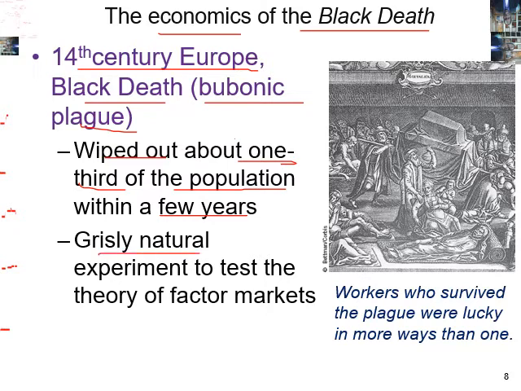A grisly natural experiment to test the theory of factor markets. You can see that because of the Black Death, one third of the population died. Workers who survived the plague were lucky in more ways than one.